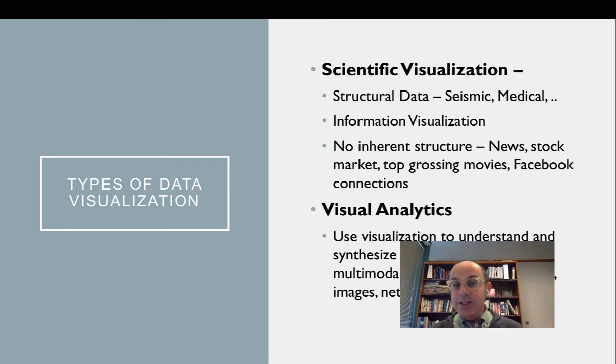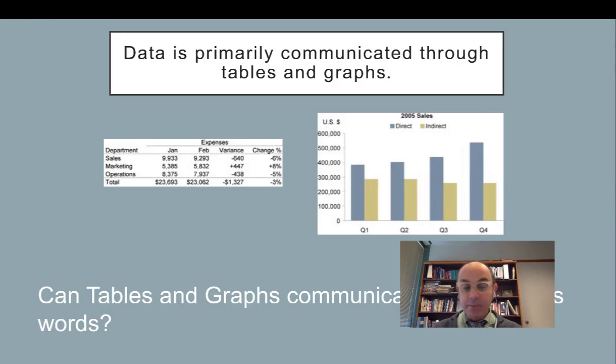Visual analytics is used to understand large amounts of data such as audio, video, text, images, networks of people in order for us to better understand. So this is the difference between scientific visualization and visual analytics.